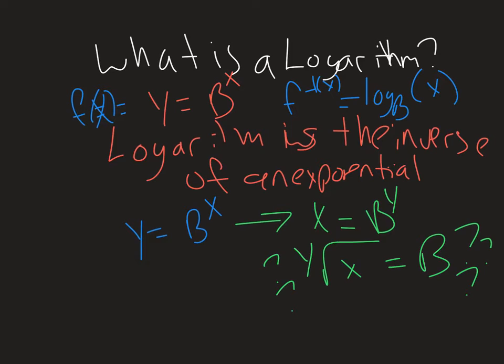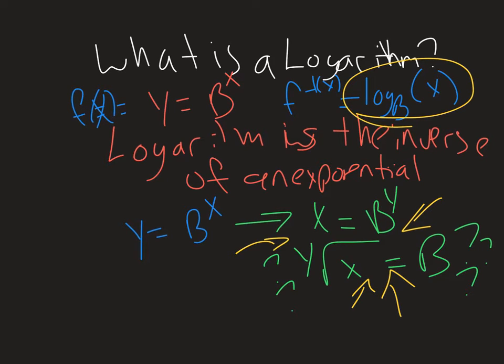We'll talk a little more about what that means, but in essence, mathematicians said, okay, let's let that be the inverse expression, because we don't necessarily have the tools to deal with this algebraically. So we invented it. That's basically what a logarithm is. It is the inverse of an exponential.